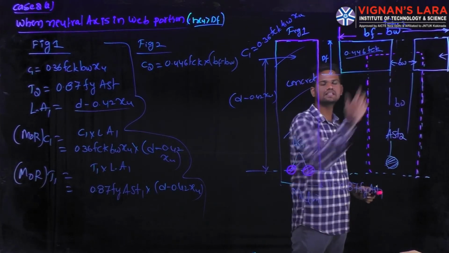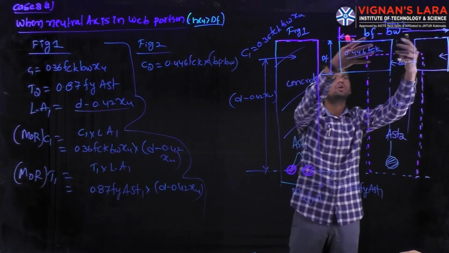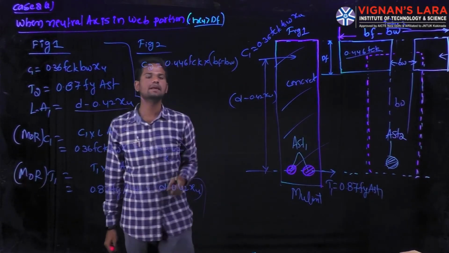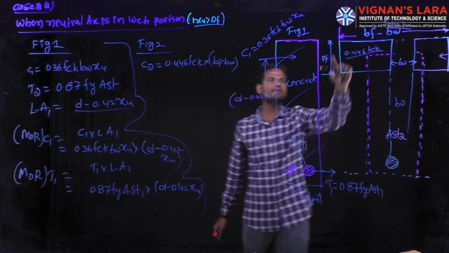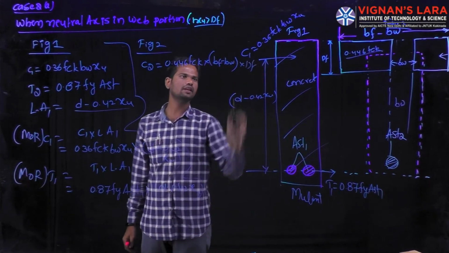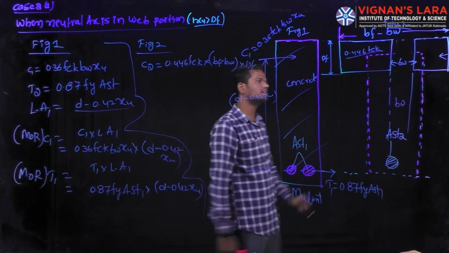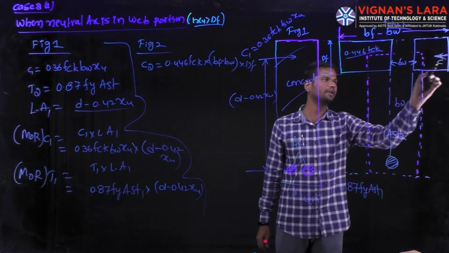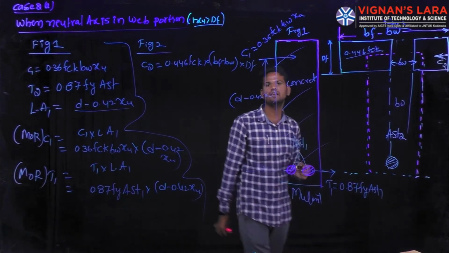If you neglect the width of the web, you get the total flange width. The total flange width is bf minus bw, into the depth of the flange, df, where df is the depth of the flange. This is the total compressive force acting on the beam in the flange portion.